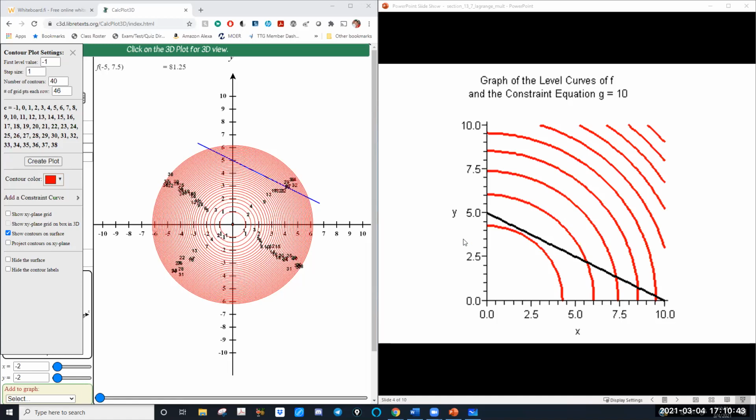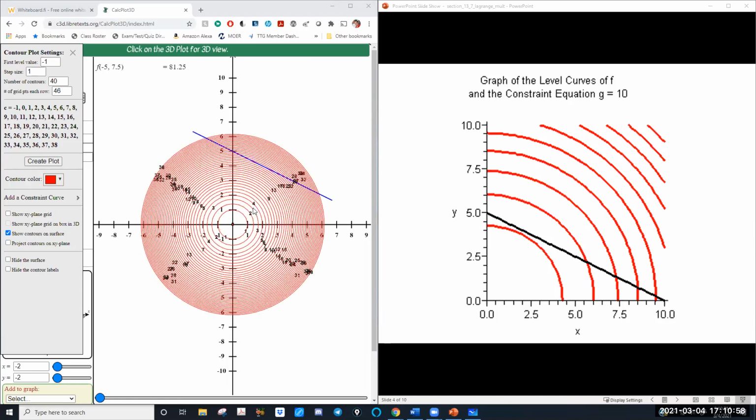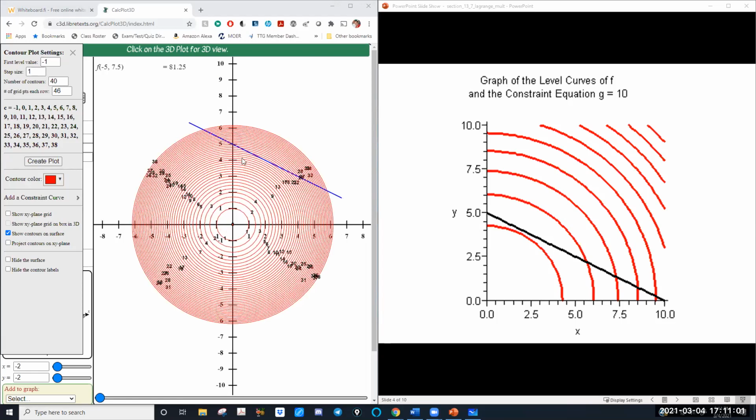Think about what we want to do. We want to optimize our function. So what we want to do is find a level curve that our constraint is tangent to. Keep zooming in here. We can see that there's a level curve right in there where our constraint curve is tangent to our level curve, right? It's not going to be this contour. It's going to be the contour just right on top of it that's not plotted.